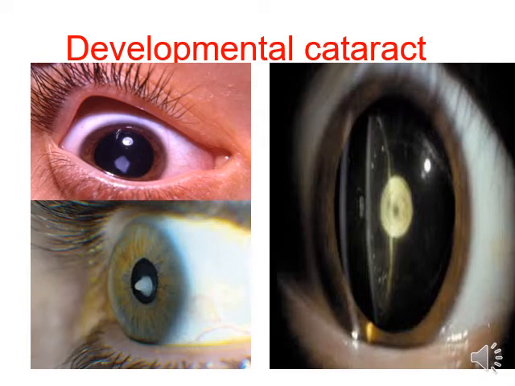These forms of developmental cataract are much less common than the previous two types. Above and right, we see a small anterior polar cataract.